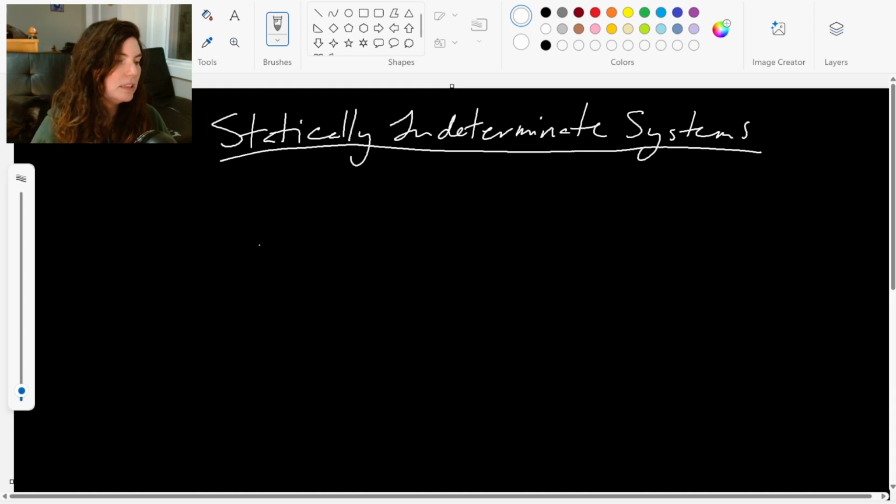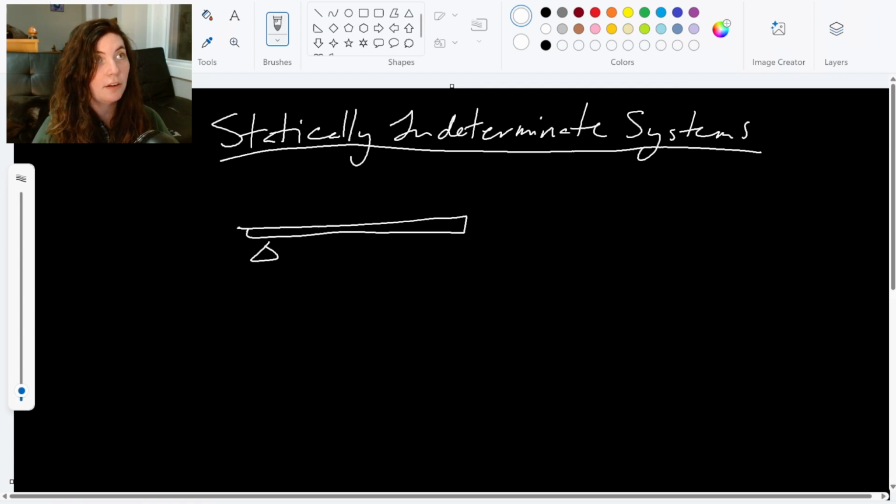So something statically determinate would be like just a beam that's pinned on one end and has a roller on the other end. Right, so this was a problem that we commonly solved in statics, finding reactions for those things. If we drew a free body diagram of this, you would have a Y reaction, an X reaction, and a Y reaction at the roller.